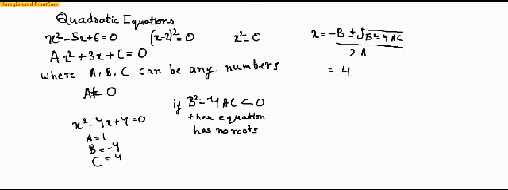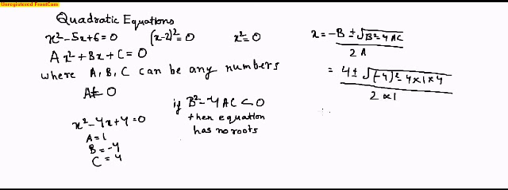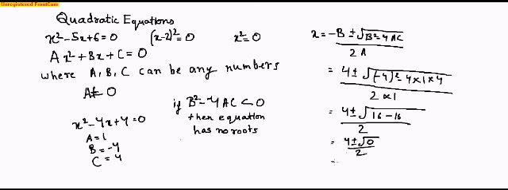which is equal to 4 plus minus root of minus 4 whole square minus 4 into 1 into 4, whole divided by 2 into 1. This will then come out as 4 plus minus root of 16 minus 16 divided by 2, which then comes out as 4 plus minus root of 0 by 2, which is equal to 4 by 2 equal to 2.